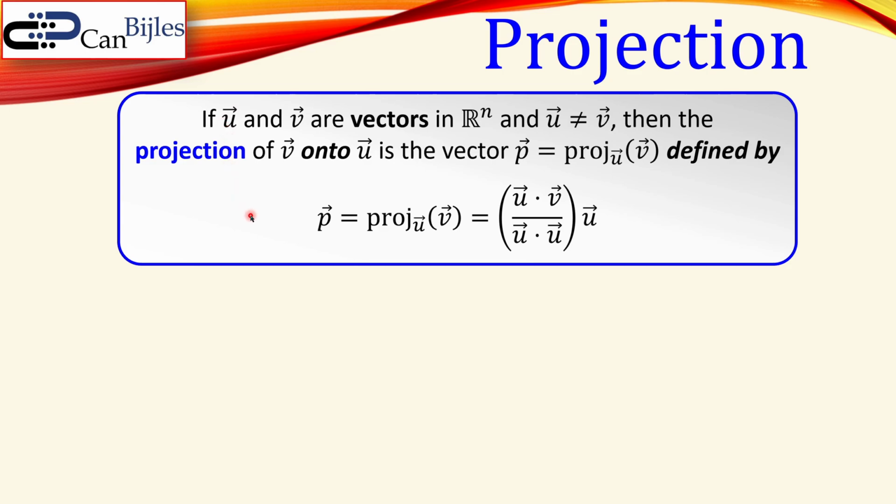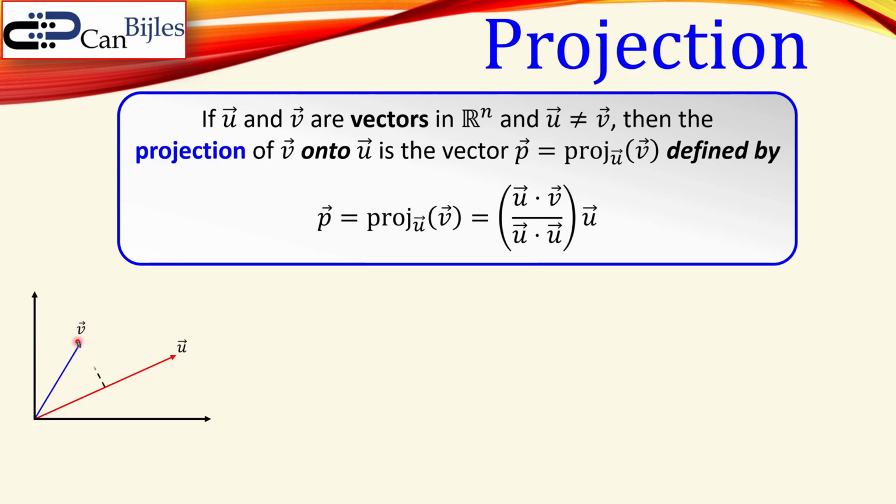Now we need to see that also graphically. This is of course what we can calculate, but how does it look like in a graphical form? So for instance, if you have an xy plane or x1 and x2, so a two-dimensional problem, let's say we have one vector which is u, this red arrow, another one is the blue one, which is our vector v. Now we would like to know what then the projection is of this v onto the vector u.